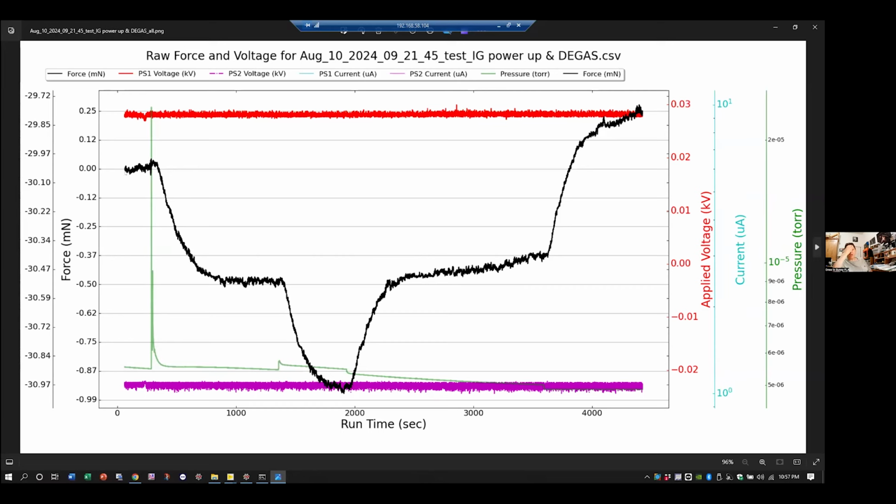This is just the ion gauge, the vacuum measurement system. This is off, and then as soon as I switch the ion gauge on, it charges the entire chamber with ions. That's really not important, except that the little piece of Kapton that I'm using as a force meter is susceptible to those ions.